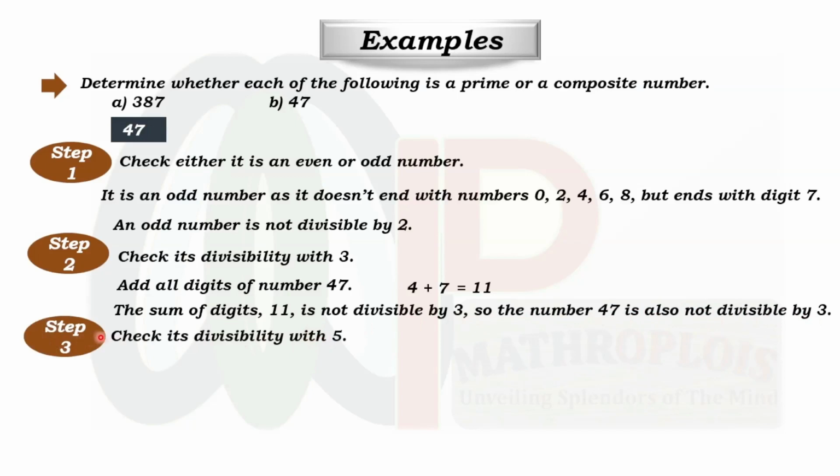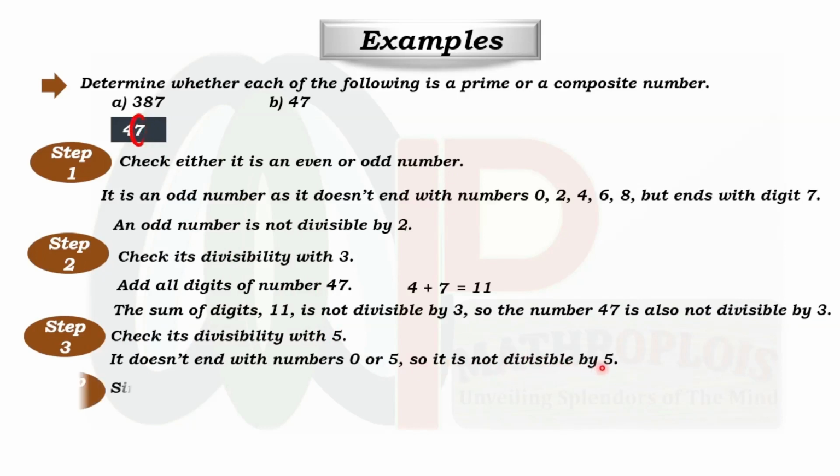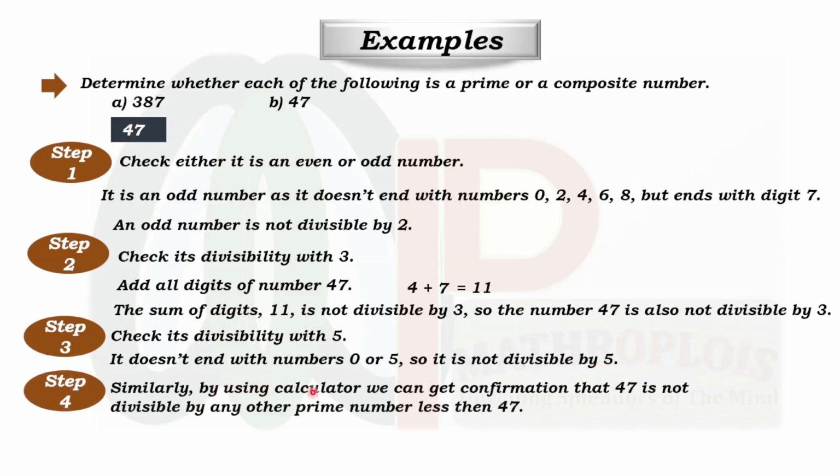In step 3, we will check its divisibility with 5. It doesn't end with 0 or 5, but with digit 7. So it is not divisible by 5. In the next step, similarly, by using a calculator we can get confirmation that 47 is not divisible by any other prime number less than 47. Let us find possible factors of 47. 1 multiplied by 47 is equal to 47.